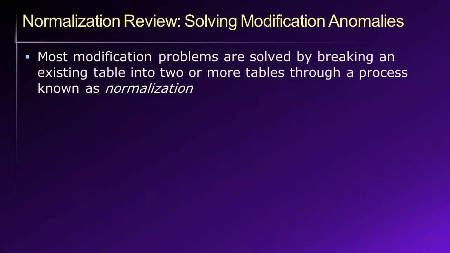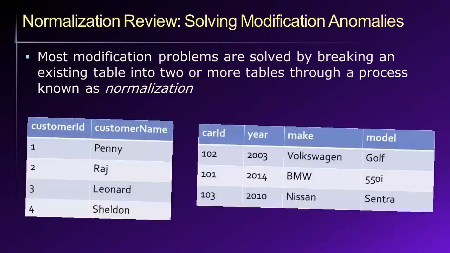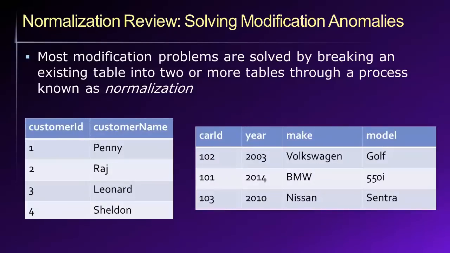If you recall, the approach that we take to avoid these modification anomalies is to break tables apart into smaller and smaller tables until they are no longer susceptible to these anomalies. This is a process which we can call normalization. In our previous example, we had a large list of data that contained information about two separate business concepts or business themes.